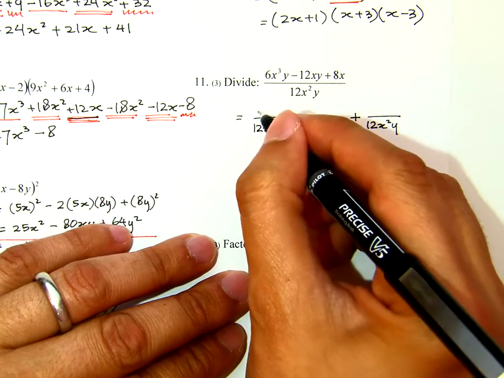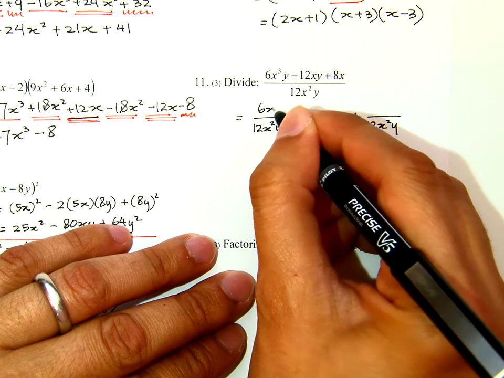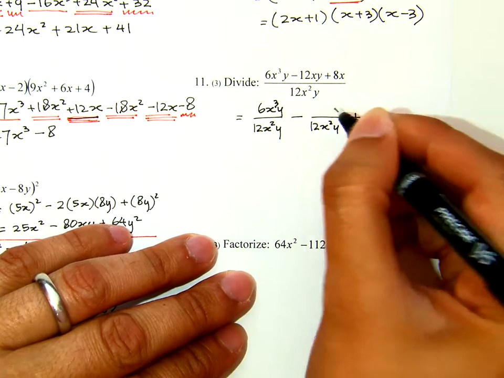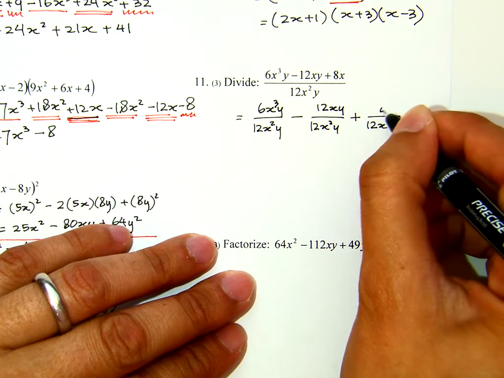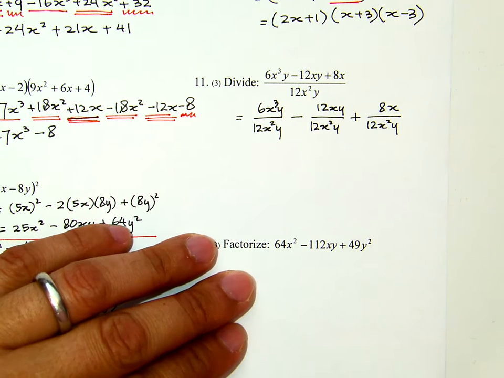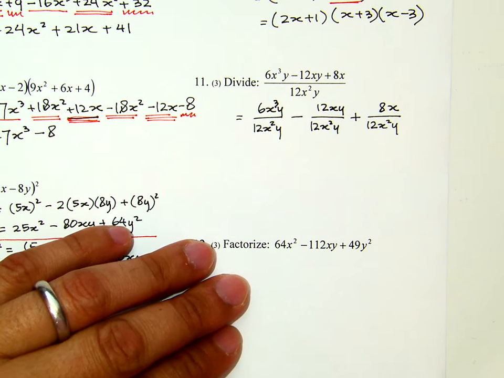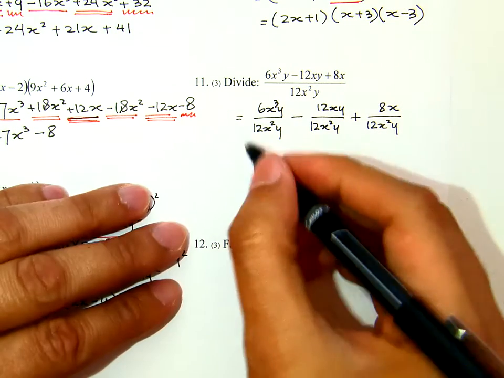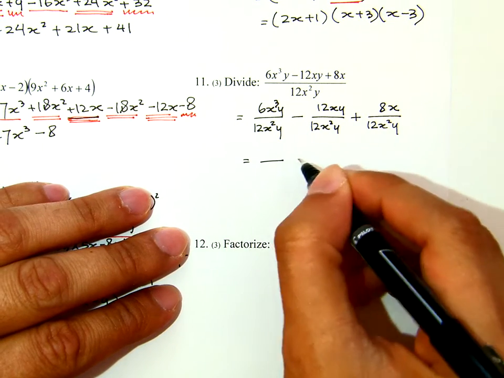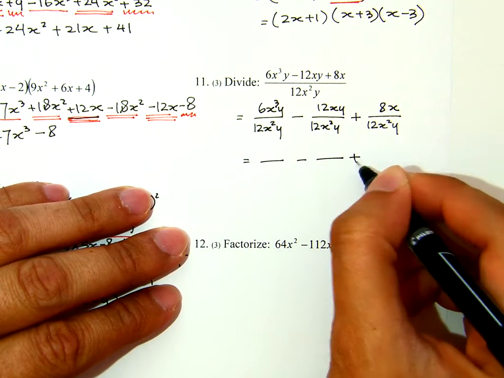And then on the numerator, 6x cubed y, 12xy, and 8x. Now after I write them that way, I will simplify each rational expression.